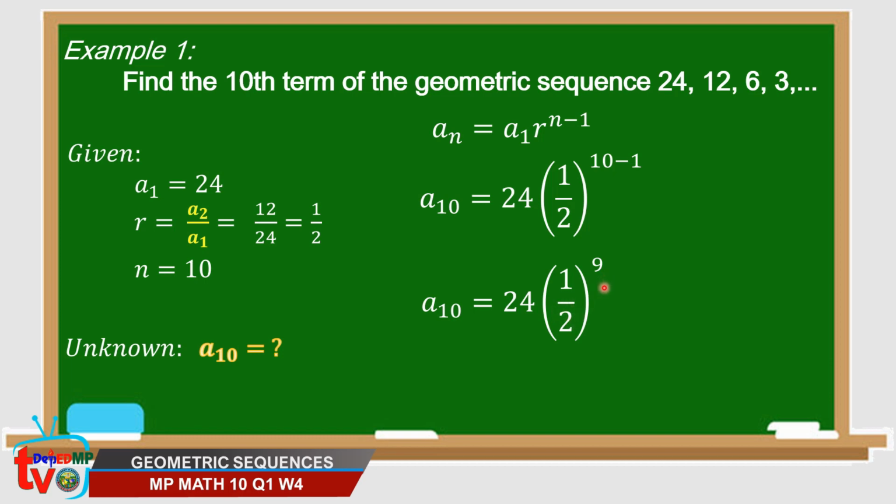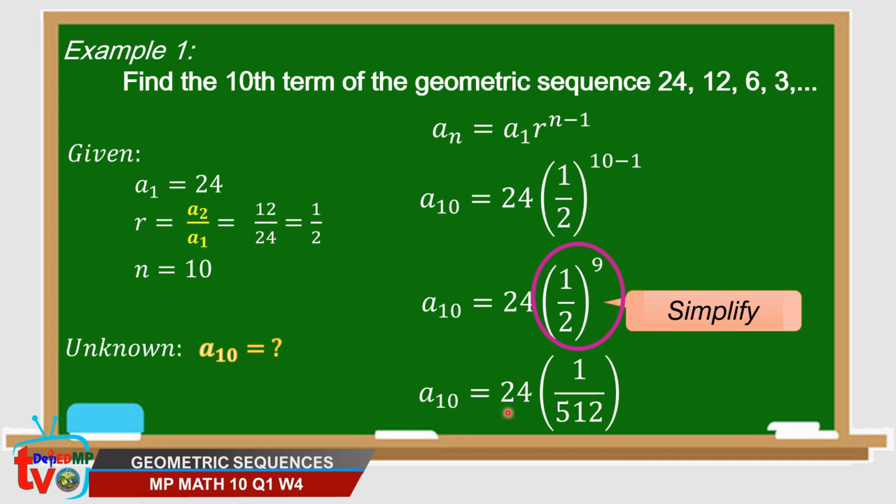Simplify this exponential expression first, because we cannot multiply it directly to 24. So we have now a sub 10 equals 24 times 1 over 512. Multiplying these two numbers, the result is 3 over 64. So the 10th term is 3 over 64.